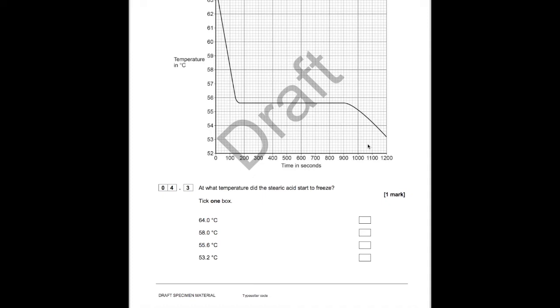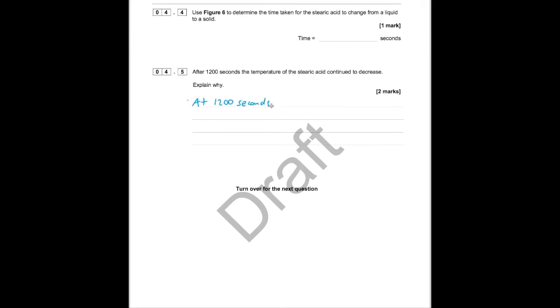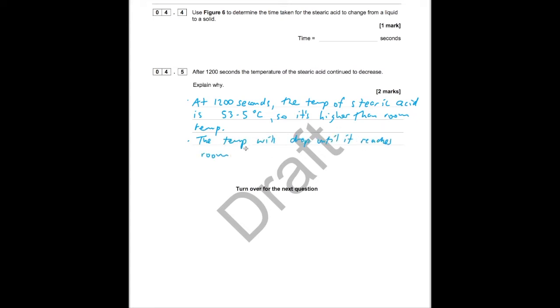That's not room temperature yet, so it's going to continue to decrease in temperature until it reaches room temperature. So the temperature will drop until it reaches room temperature, about 20 degrees C.